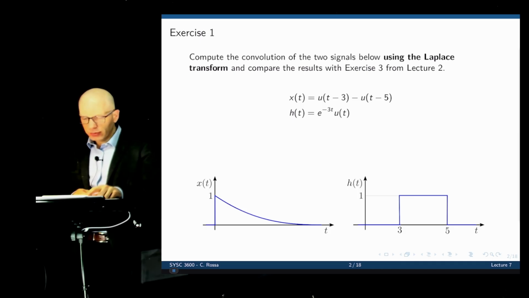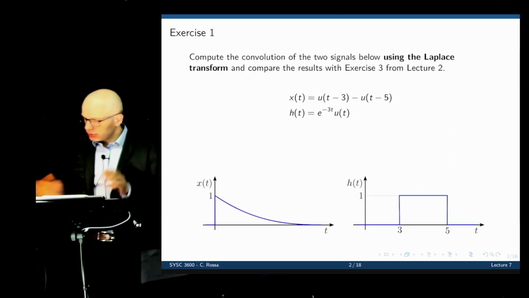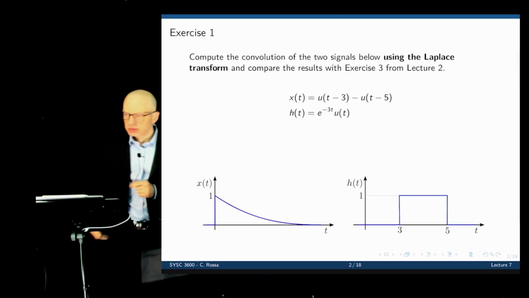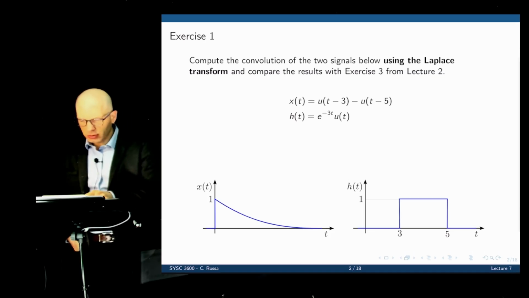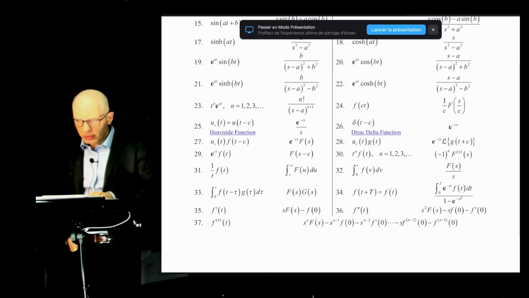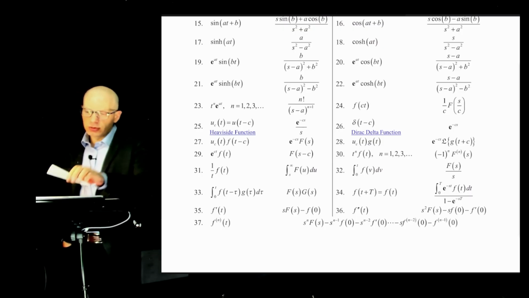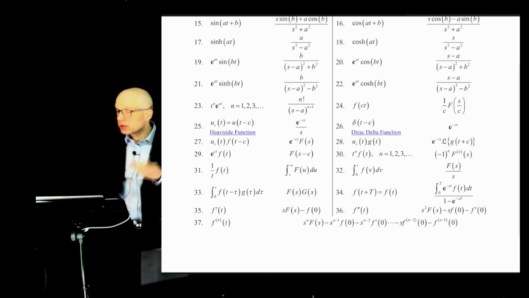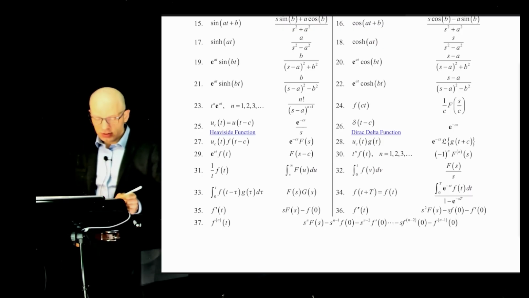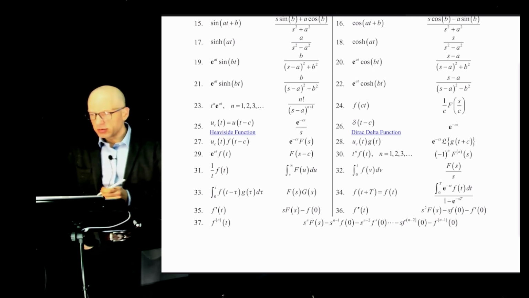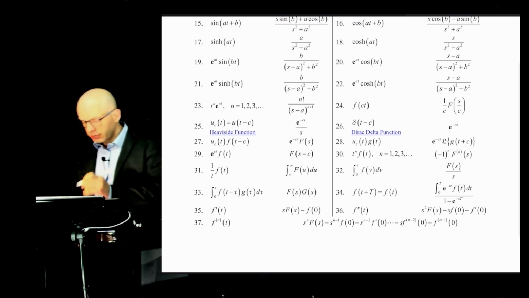So these are the two functions we have, and let's use Laplace transform to do them. What we are actually looking for is a property in the table of Laplace transform that would allow us to take the Laplace transform of the convolution of the signals, and hopefully that will make the process of finding the convolution easier.